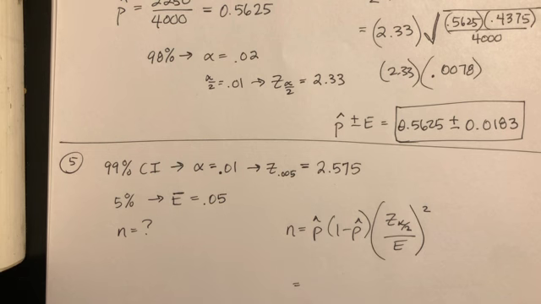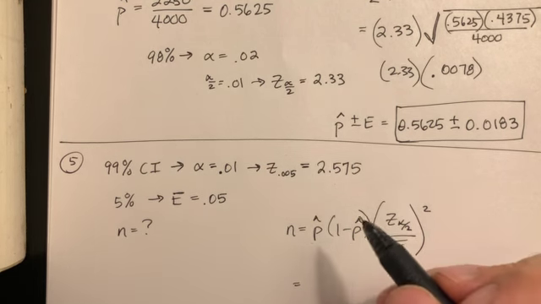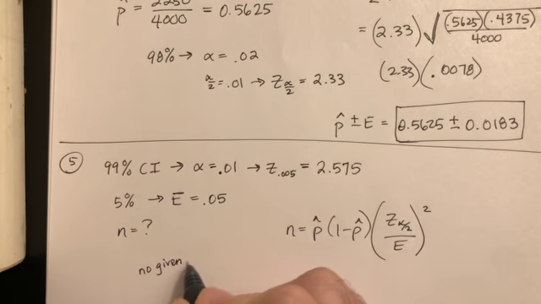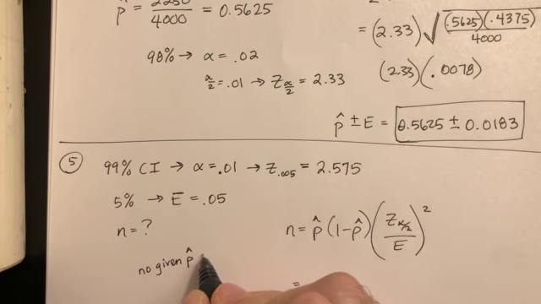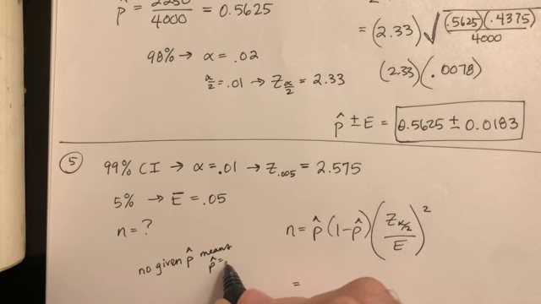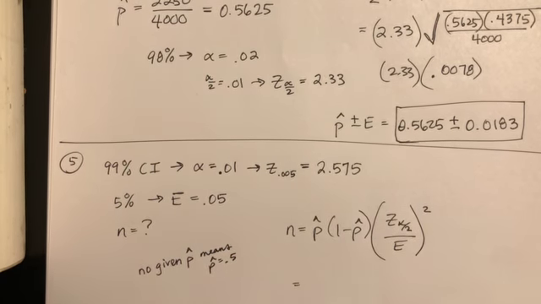So if they don't give you a point estimate, so no given p hat, it means we're going to use p hat equal to 0.5, because it's kind of arbitrary as far as the point estimate. And if we're not given one, we don't know one, then we're just going to assume half.